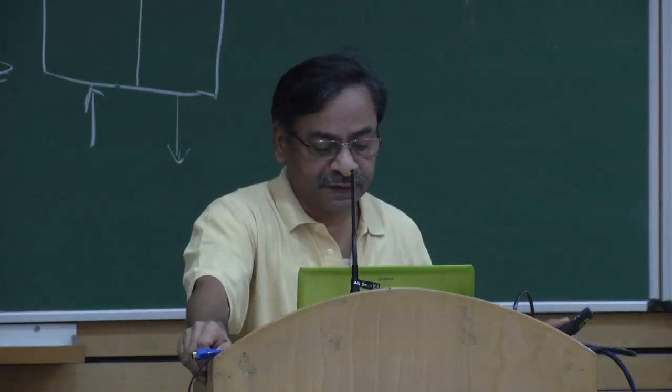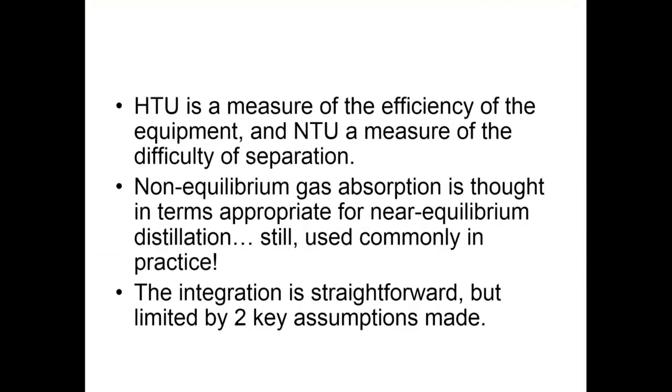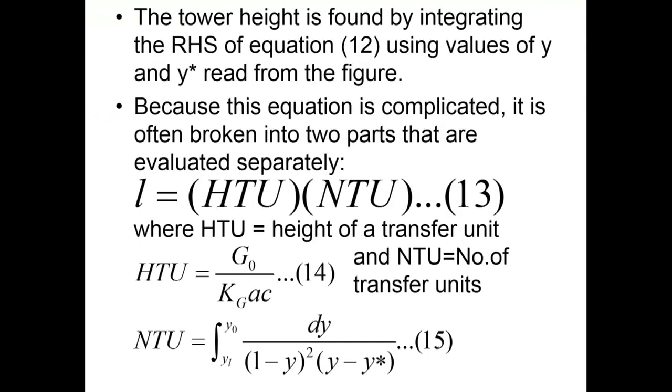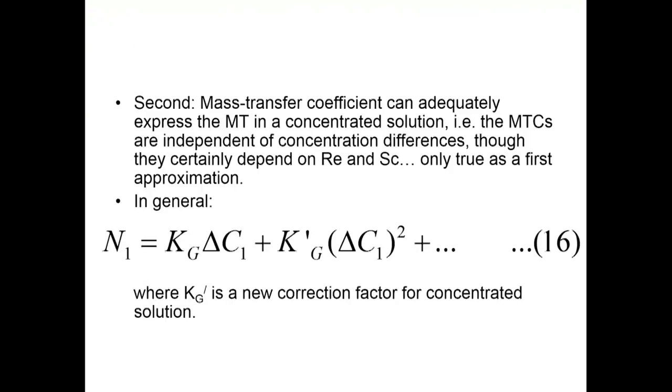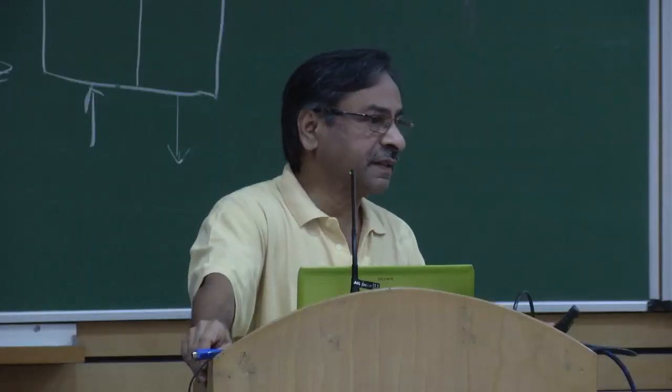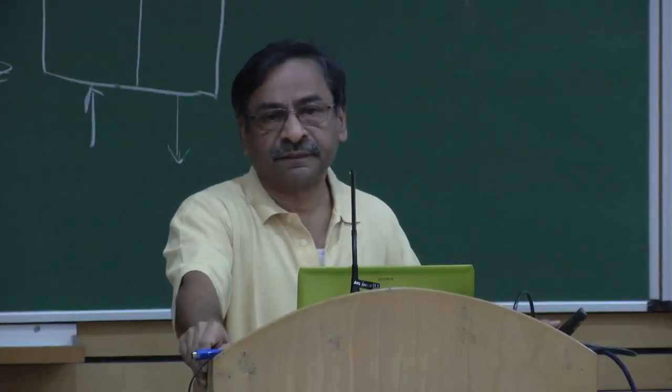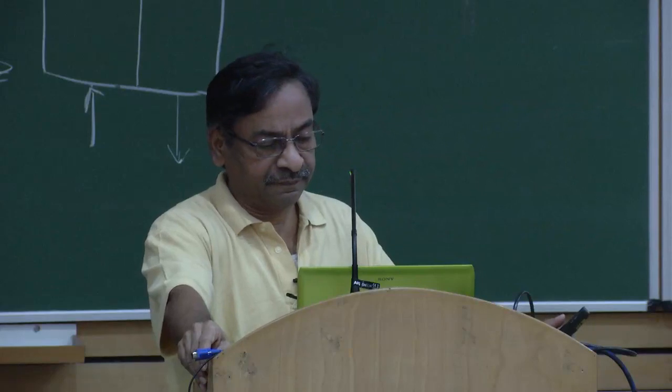Because of these approximations, we have the powers like 1 minus y to the power minus 2 or minus 1 appearing in our analysis. The second approximation you should understand is that the use of mass transfer coefficient itself for concentrated vapor system is approximate.